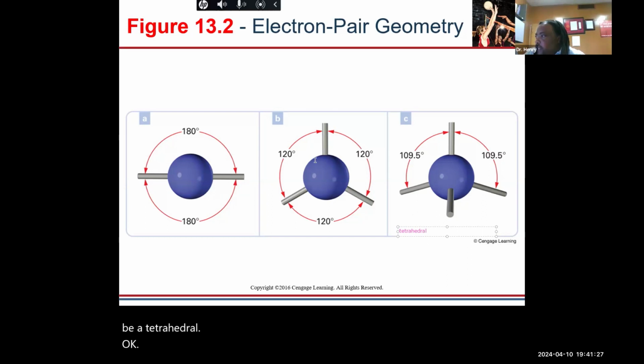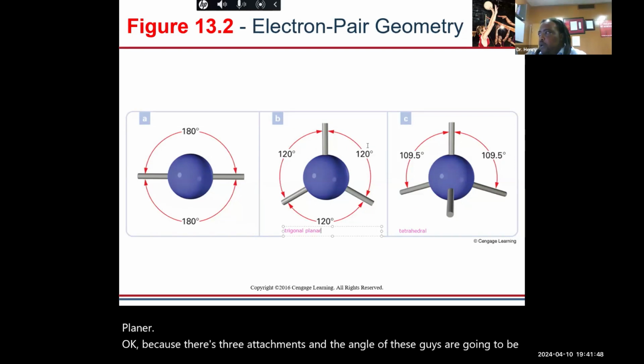In this case, it has 3 attachments. This guy is called trigonal planar, because there are 3 attachments and the angles of these are going to be 120, 120, 120.